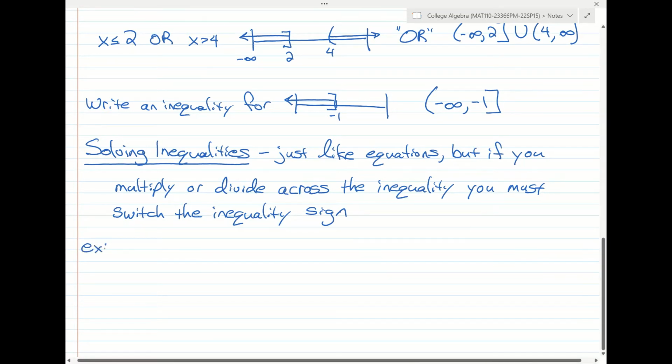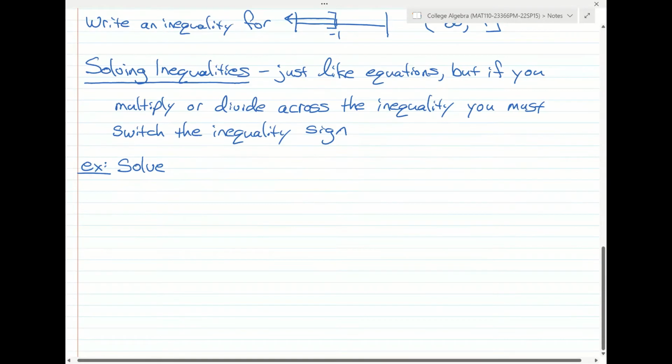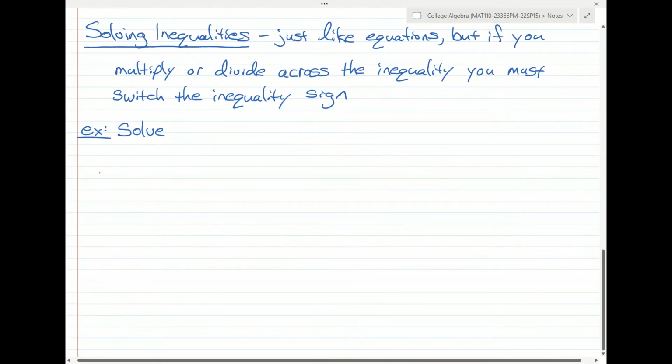Let's go through this. I wanted to solve two inequalities. Let's start with -2x plus 1 is greater than 13.